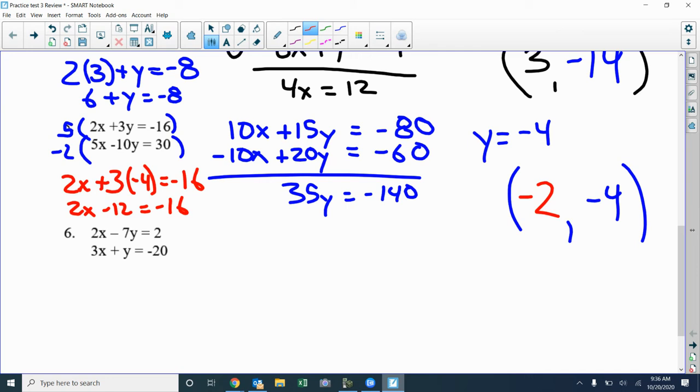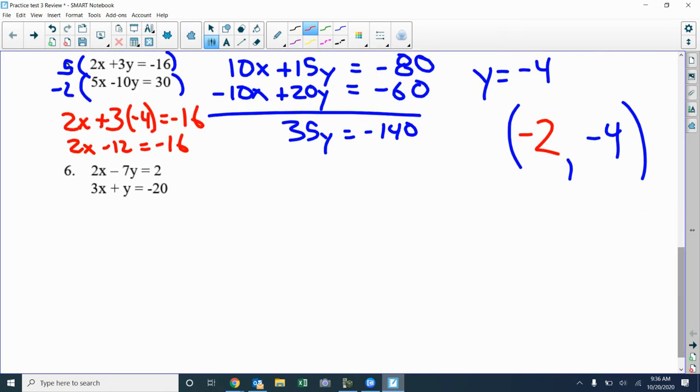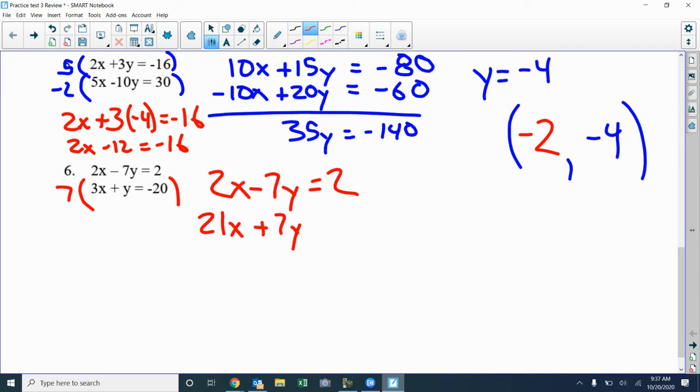This last guy. I think I'll leave the top equation the way it is. 2x minus 7y equals 2. I'm going to multiply this bottom one by 7. So I'm going to get 21x plus 7y equals negative 140.